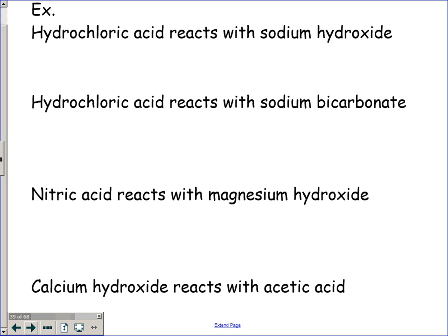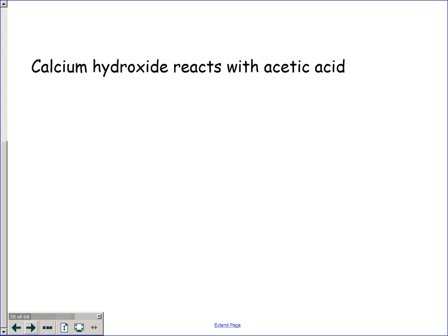Guys, this board. Okay. Calcium hydroxide reacts with acetic acid. Take a minute to write down that reaction, the products, and then try to balance that out.